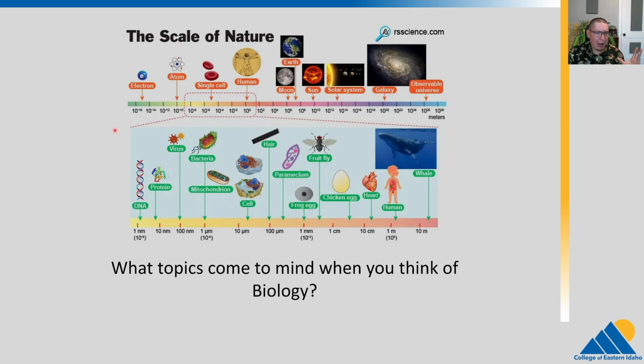But we have a scale of things that we find in nature. And that scale goes from very, very small to very, very large. The observable universe at one end down to subatomic particles at the other end. Biology tends to focus kind of in this spectrum here, although we're influenced by everything in here.